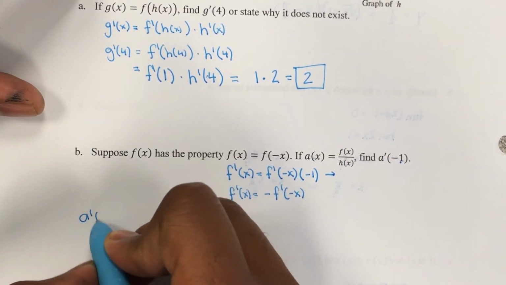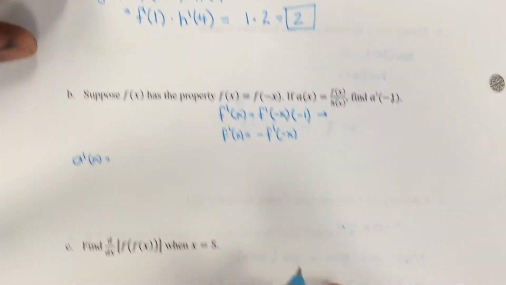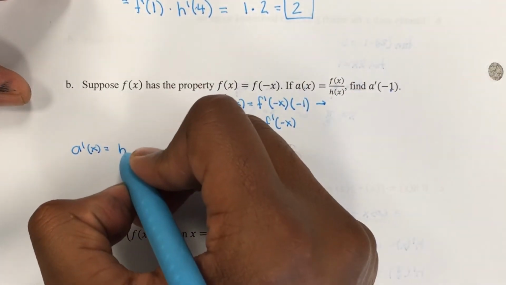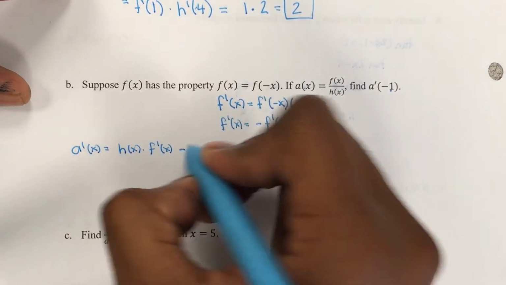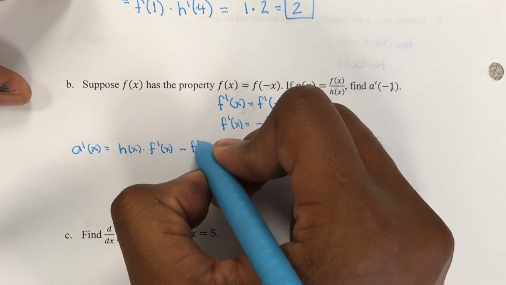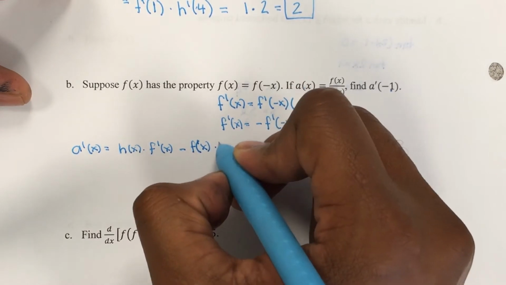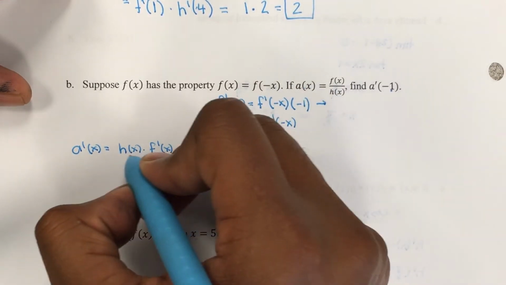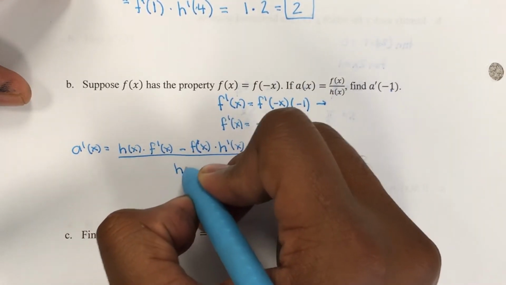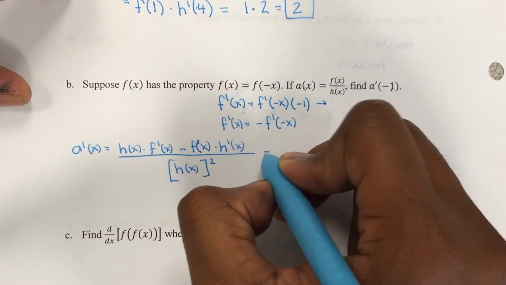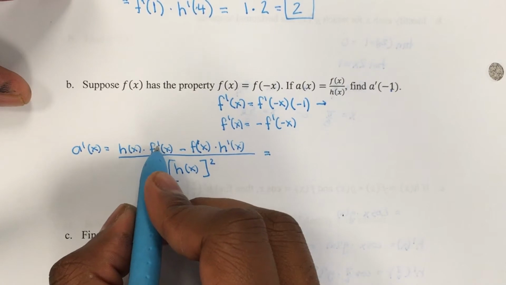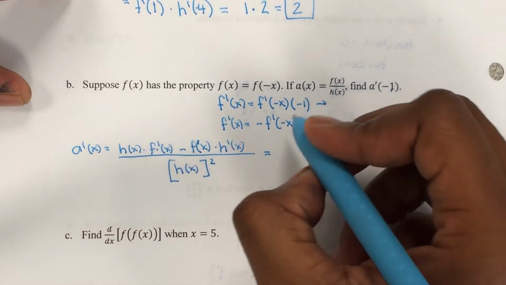So a prime of x is equal to, by the quotient rule, low times the derivative of the top minus the high function, which is just f of x, times the derivative of the bottom, over the bottom function squared. Now what we're going to do is replace f prime of x with negative f prime of negative x.